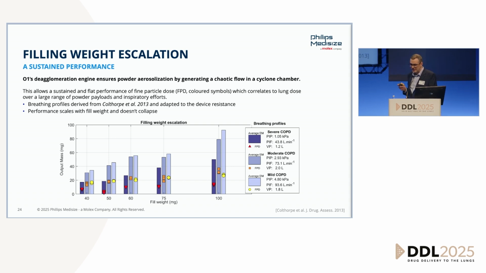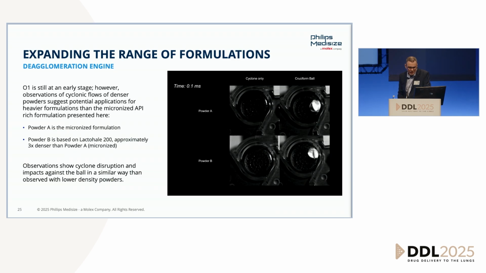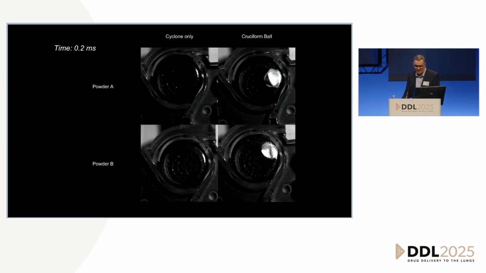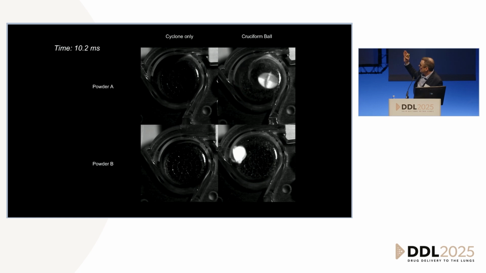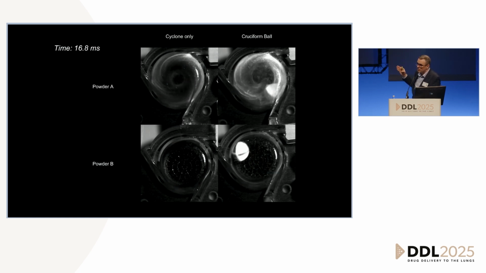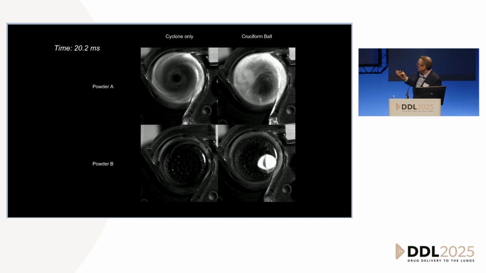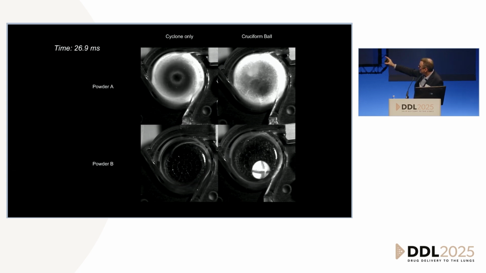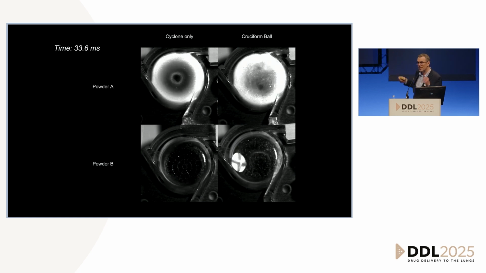Another thing we've investigated is whether we can seed denser formulations in the device and see what happens. In this case, powder A is a micronized formulation we've seen before. Powder B is a lactose-based formulation, Lactohale 200, 3 times denser, with larger particles, and you can see that the particles accumulate even more on the edges because they are heavier, they are more subject to the centrifugal forces.